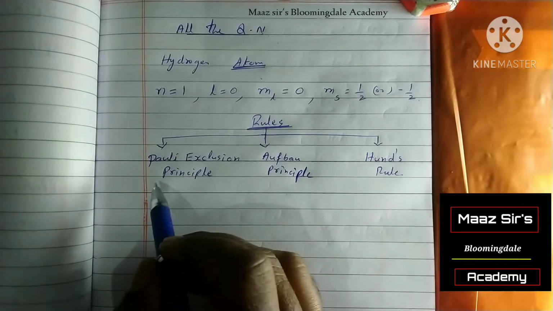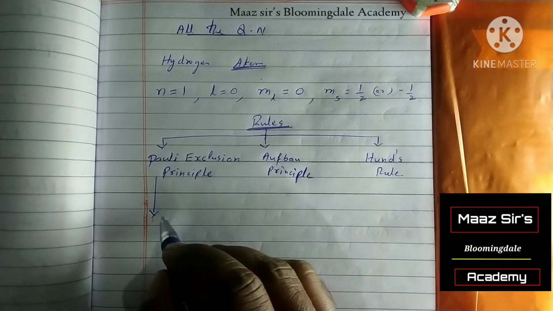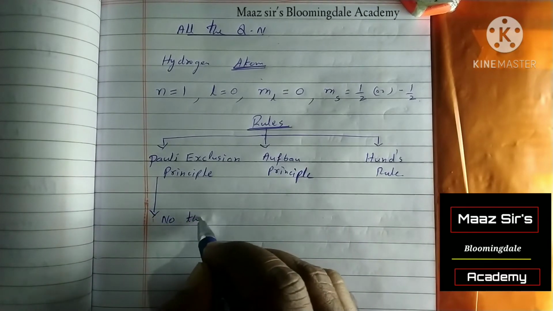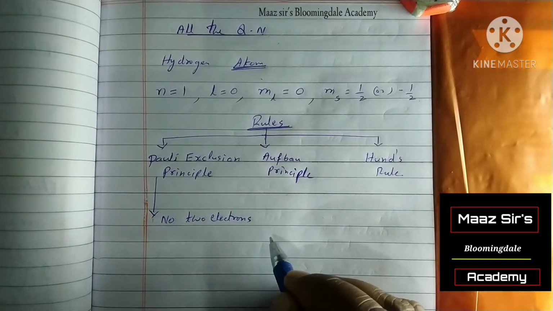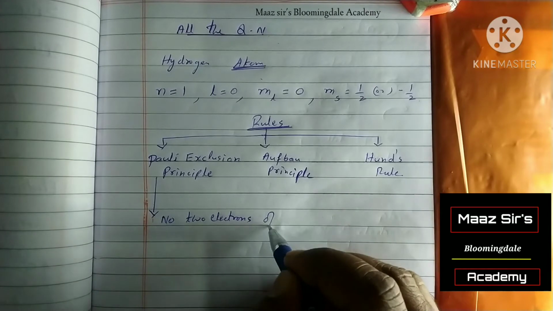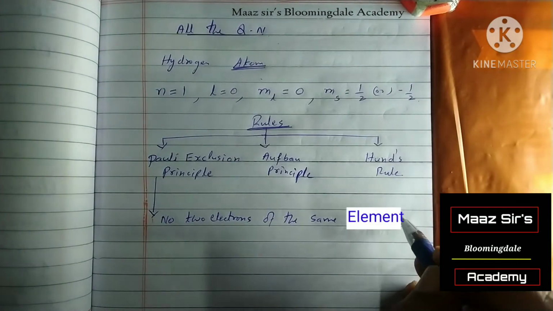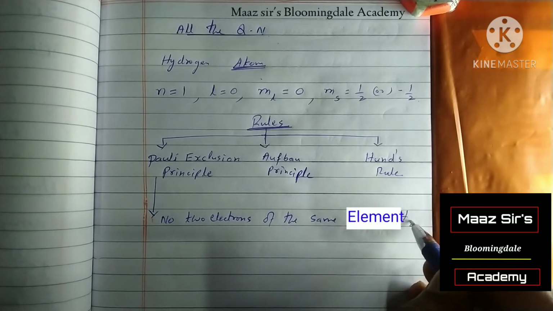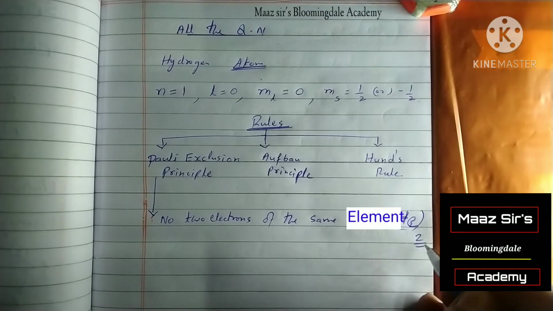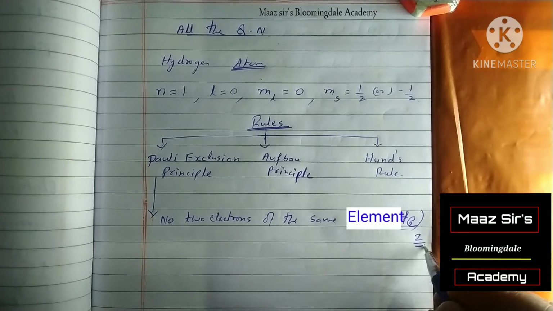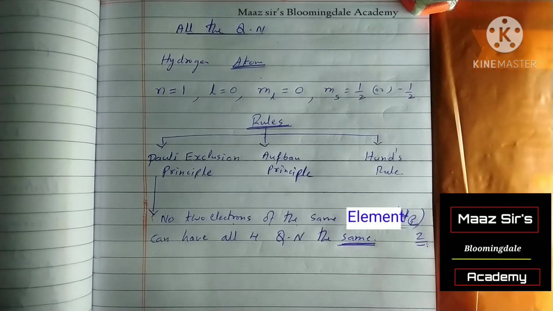So what is Pauli's exclusion principle? It says that no two electrons of the same atom can have the same set of quantum numbers. For example, I am taking helium, He. Atomic number is 2, so it has 2 electrons. I will explain this in detail.